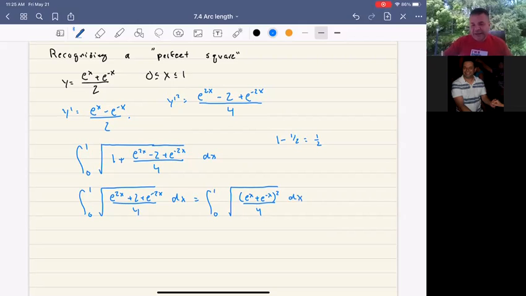And then that becomes something that's easy to integrate. Again, you could do this with the hyperbolic cosine. Maybe we'll think about that as a challenge problem at some point.